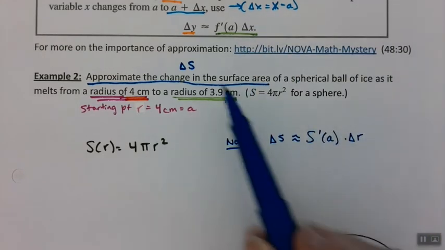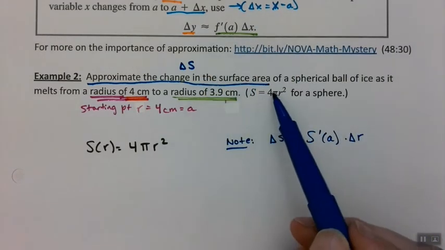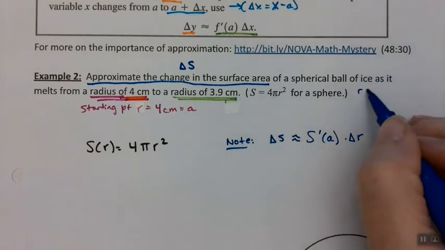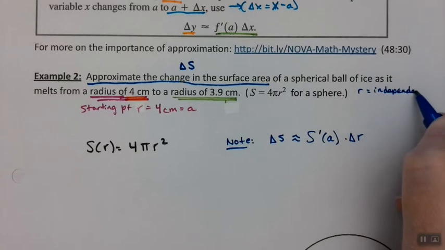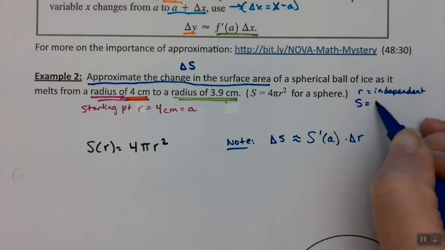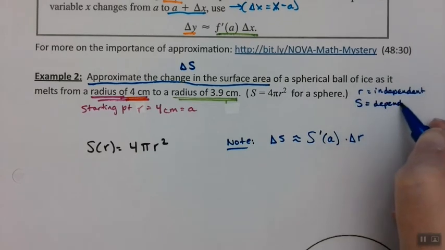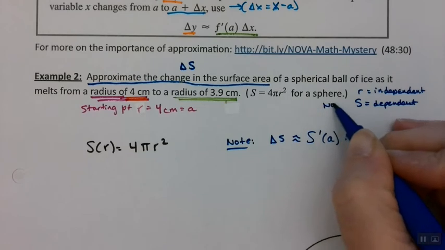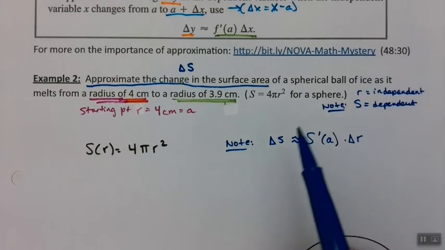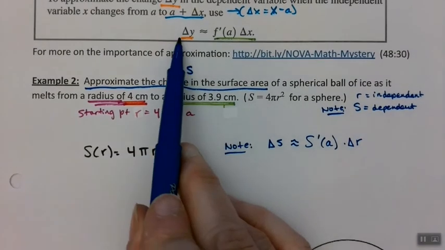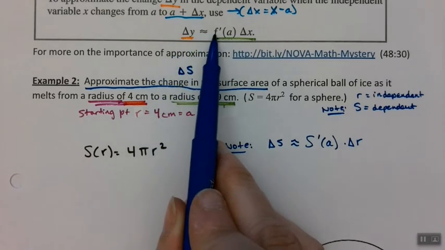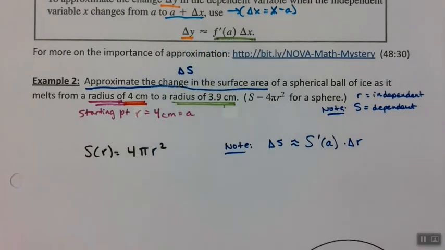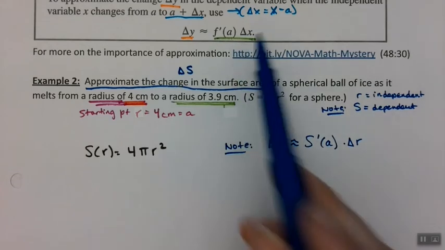So our variables are S and r. r is our x, and then S, surface area, is our dependent variable. A lot of times it pays to figure that out at some point. So if that's the case, S is our y, so change in S is change in y, and then we would say that's S prime of a times delta r.